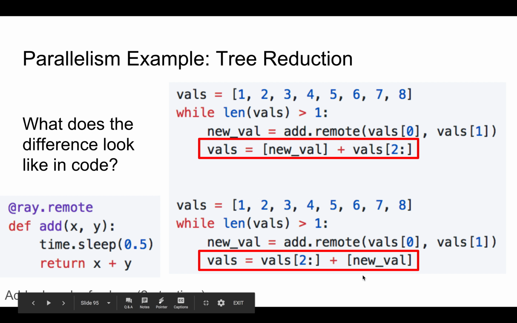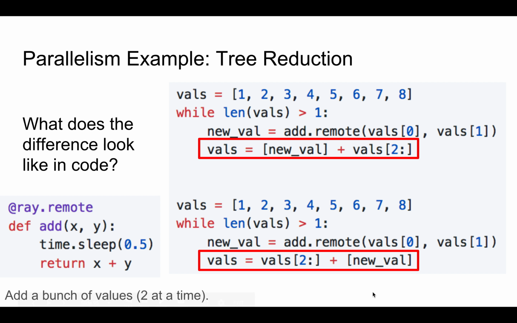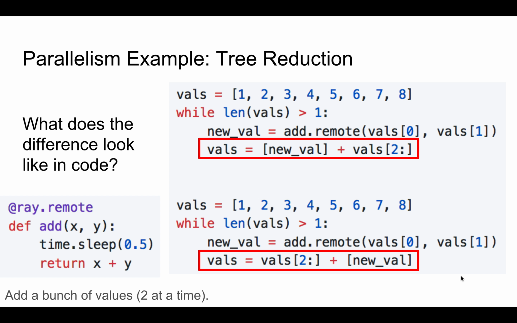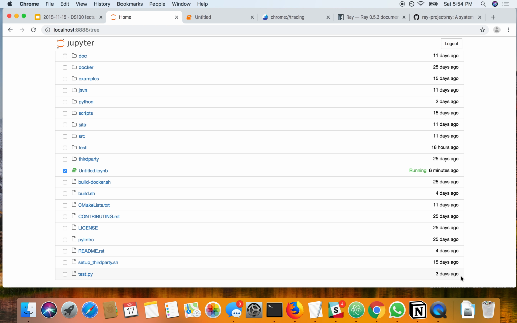And that's giving rise to the tree reduction pattern. It would probably take a little bit of thought to digest that and figure out why it's true. But you may be interested in just running this code and seeing that for yourself. I'll show you that in the Jupyter notebook, and you'll see this more in your homework assignment.